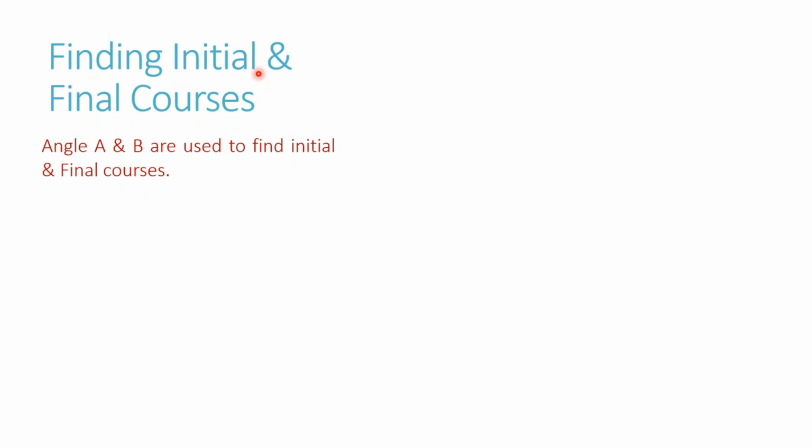The first important thing to understand here is that what we have just found are the angles of the spherical triangle PAB, angle A and angle B. Now, these are not our initial and final courses, but these angles are going to help us find what our initial and final course will be.